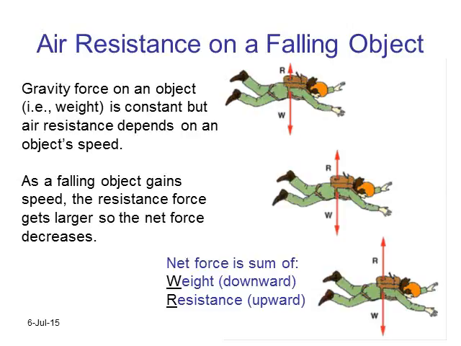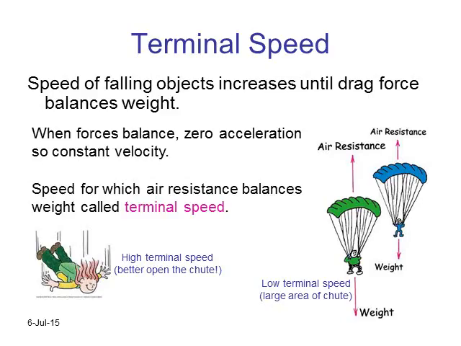And we have a special term for when the air resistance and the weight equal out. We call that the terminal speed, and what that means is that's as fast as you're going here on Earth. You're not going to fall any faster than your terminal speed. It'll depend on the drag force and the weight here.